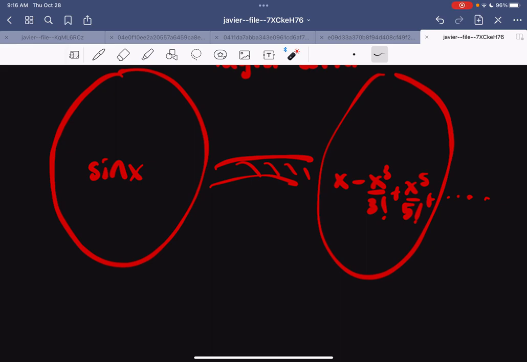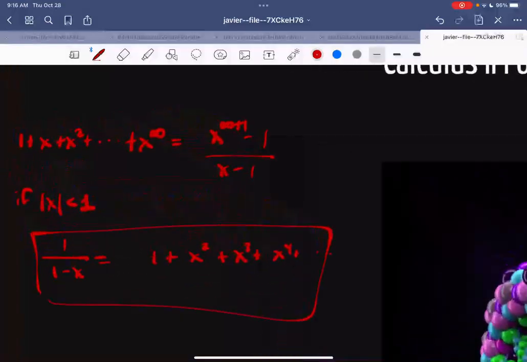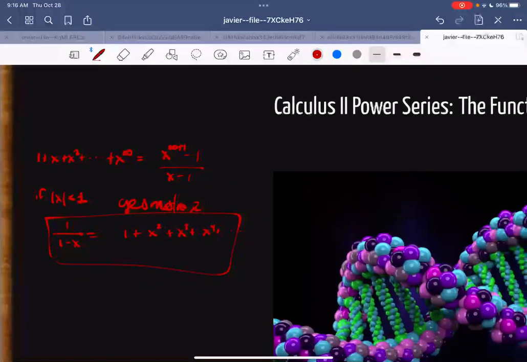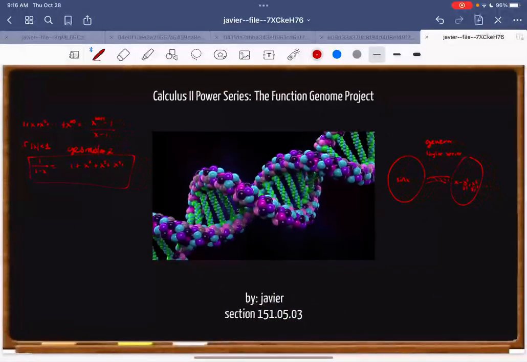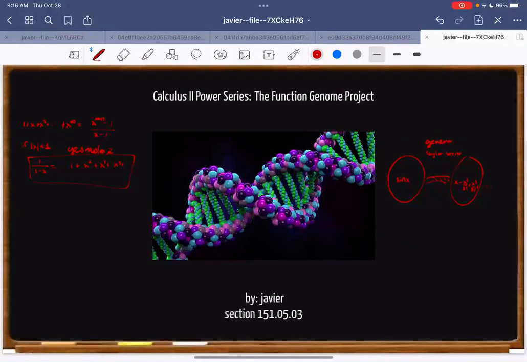So we want a more general approach. Last time it was exploitation of geometric series and some variations, and that was beautiful. But today we want a much more general, much more powerful approach. Okay, that's why today is such an important day.